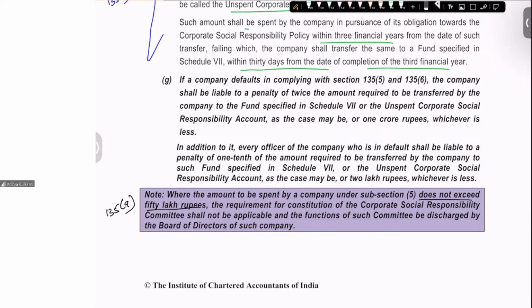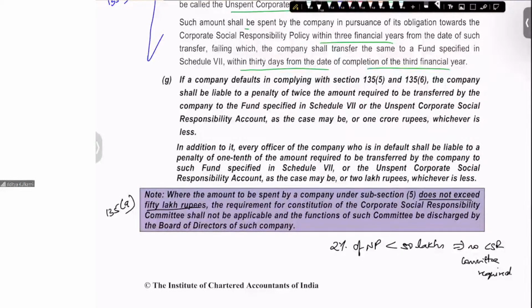If the amount is less than 50 lakh, that is what I'm telling. See, 2% of net profit. If this amount is less than 50 lakhs, no CSR committee is required. 2% is mandatory.